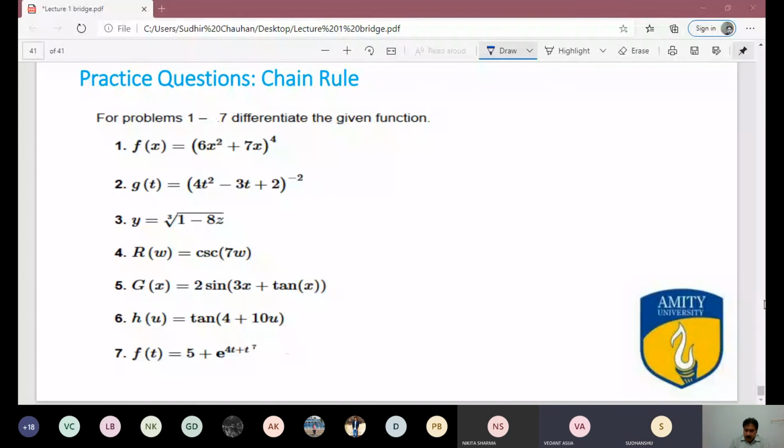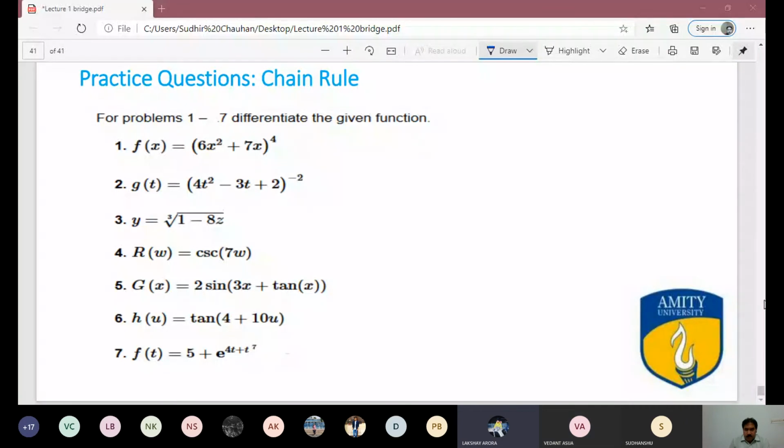Hardik Anand, Lakshika Bhagat, present, sir. Ojas Singh, Rakshit Malik, Vedant Asija, present, sir.